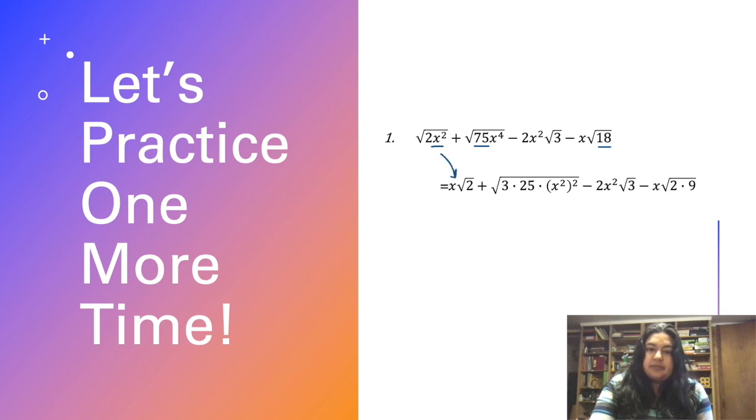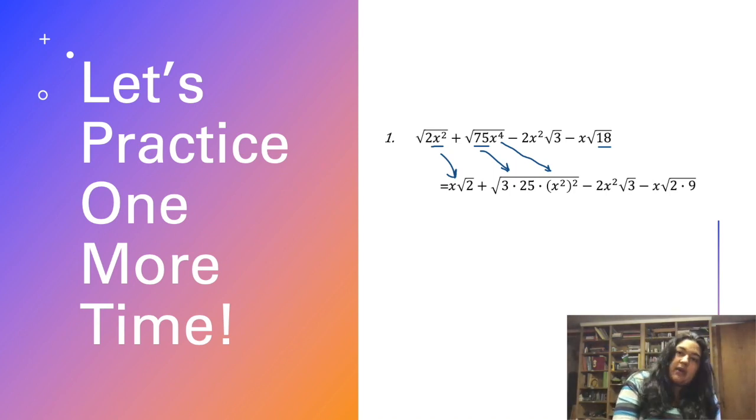I had my x squared, I pulled him out. 75 turned into 3 times 25. X to the 4th power turned into x squared. So we know from the power to the power rule that you multiply your exponents.